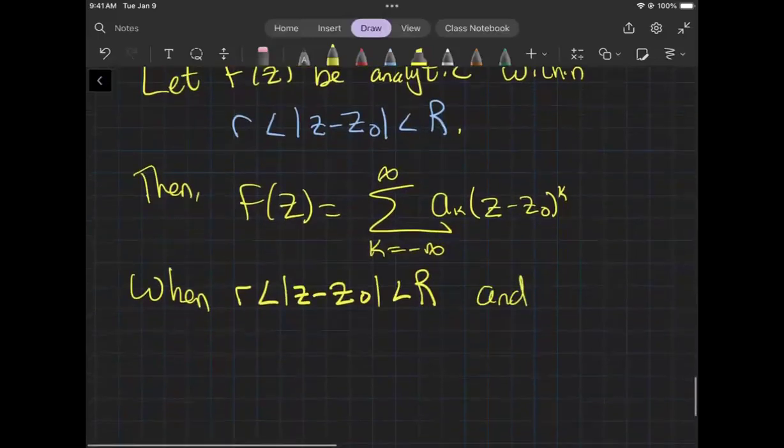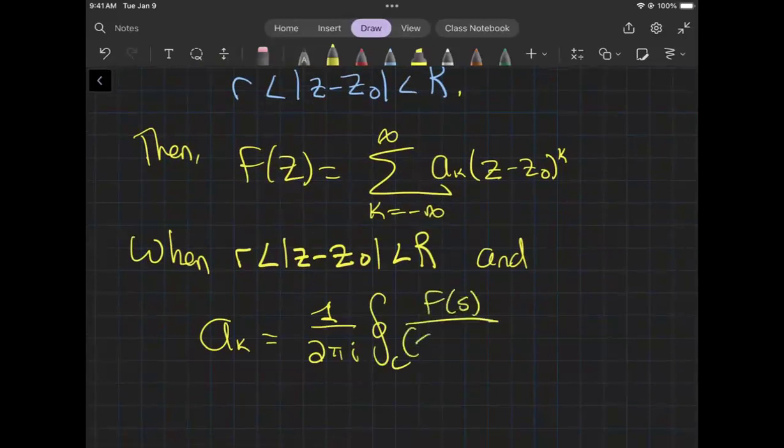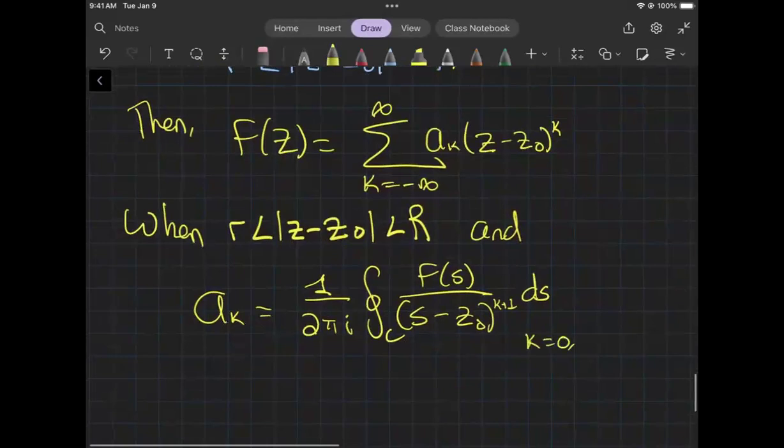And to compute the coefficients a sub k, this will equal 1 over 2 pi i times the integral over a closed contour C of f of s divided by (s minus z naught) to the k plus 1 ds, where k equals 0, plus or minus 1, plus or minus 2, and so on.